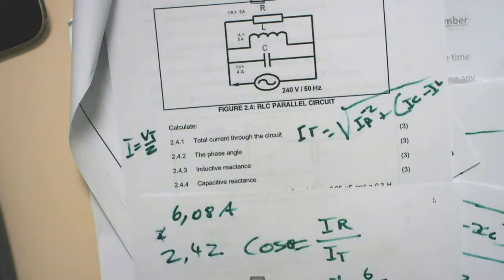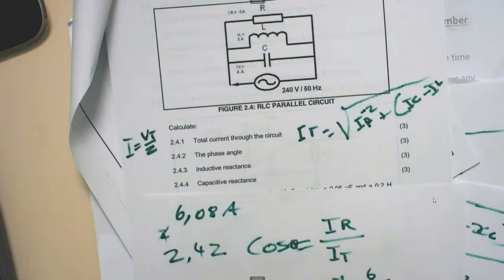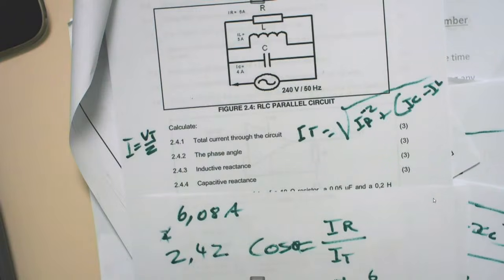So our phasor angle here will be 9,305 degrees. So again, if we are to say whether this circuit is leading or lagging, we'll have to look at our current, IC and IL.